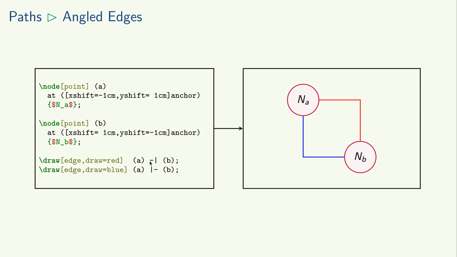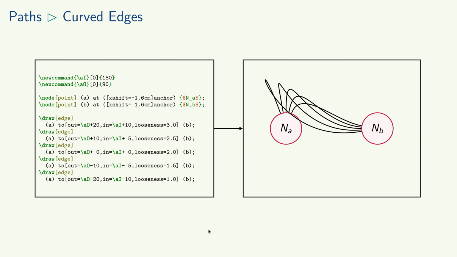Dash means that we start by having a horizontal line, then we have the bar, which is a vertical line. So first horizontal, then vertical. The blue one is the opposite. First vertical, then horizontal. So it sort of makes sense from a human perspective.